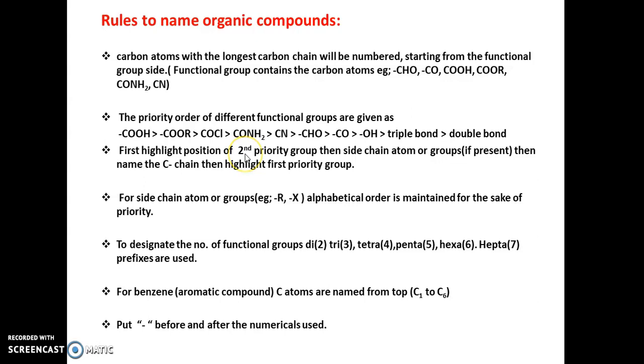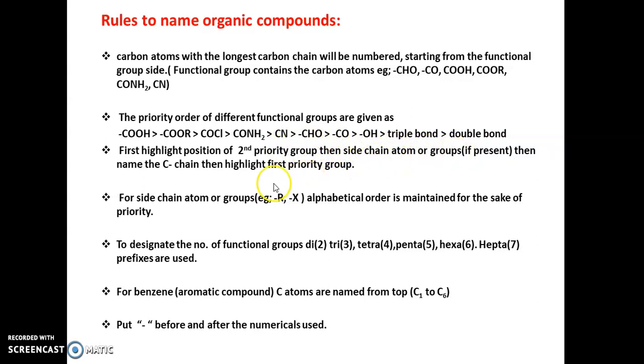To name the compound, you could find more than one functional group in the compound, where there is a side chain atom or side chain group, and where there is another functional group. First of all, your first duty is to highlight the position of the second priority group. Then you have to highlight the side chain atoms or groups.